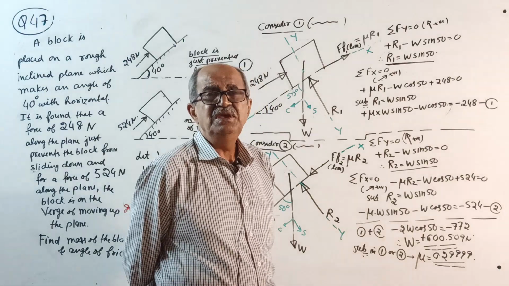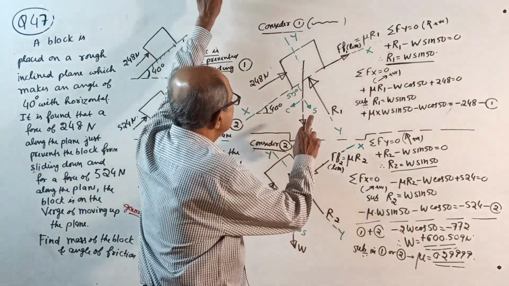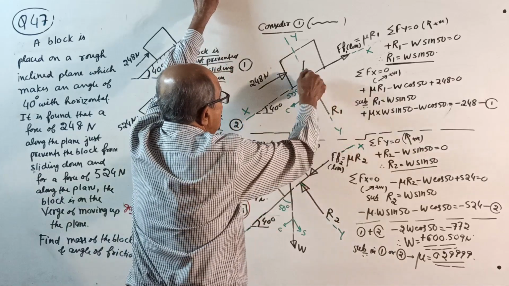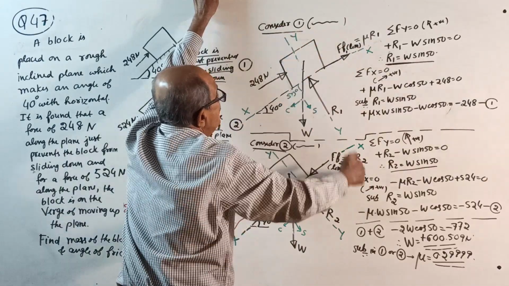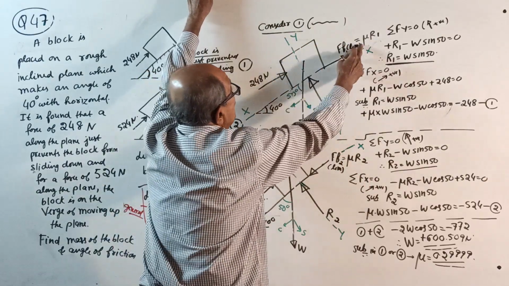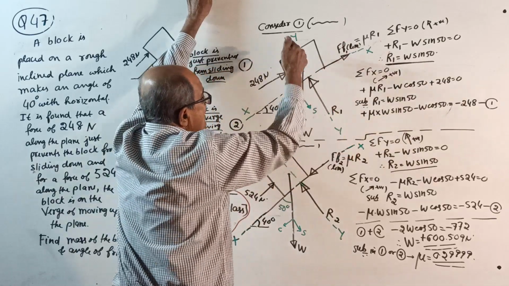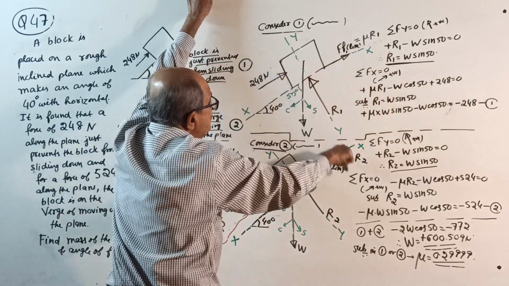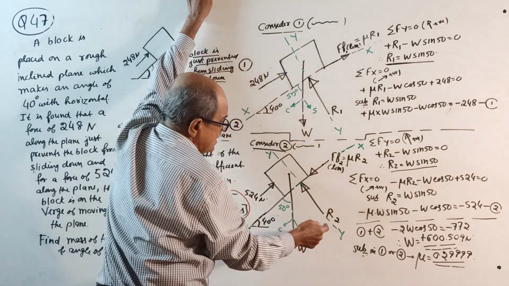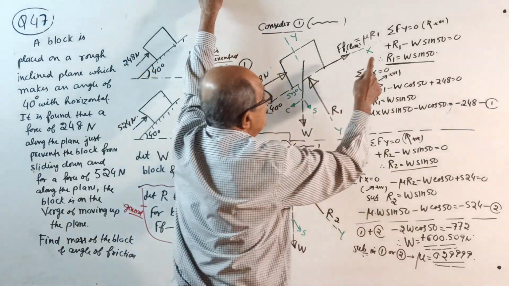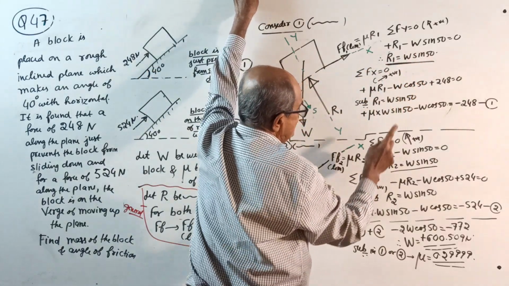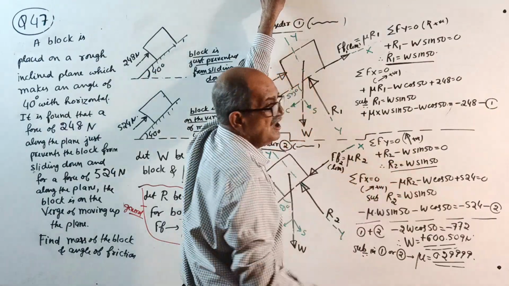Why? See, you should have common sense. Last time, R1 minus W sin 50 equal to 0 because these two forces are not there, only this way. Why? See, this 248 and mu R are along the x-axis directly. So R1 minus W sin 50 is 0. This time also R2 minus W sin 50 is 0. Last time R1 is W sin 50, this time also R2 is W sin 50.